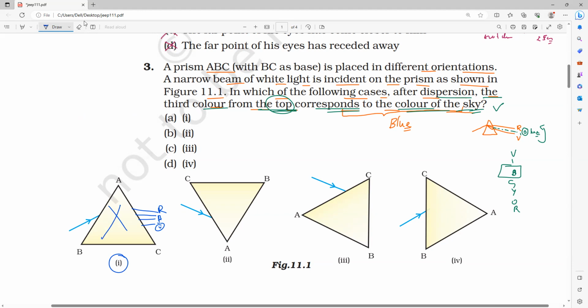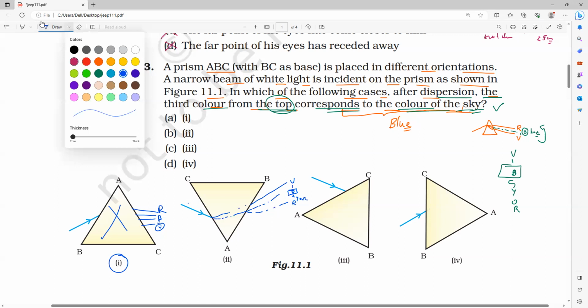Second one is verified. So what will happen in the second one? Dispersion will take place. Light is falling, so it will split into 7 different colors. Now check, everybody: which light will bend least and which will bend most? So we get VIBGYOR. Now from the top, what is the third color?